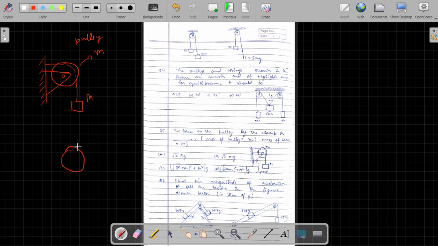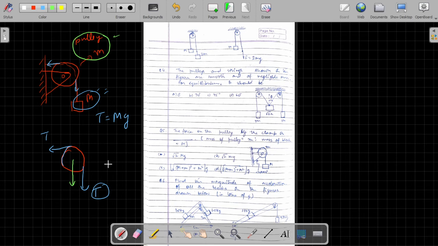On the pulley, what force is acting? We know that tension acts on the pulley, in the direction of the string. So tension number 1, and this string is acting vertically downward. This tension would be equal to capital M into g, since this tension is basically balancing the mass of the block, which is capital M. And we would have one more force, which is the weight of the pulley, small m into g.